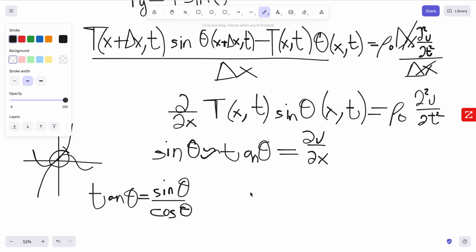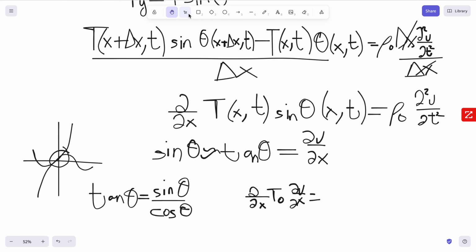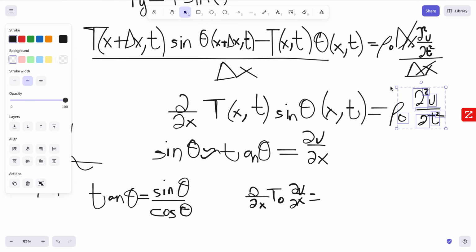And so you can rewrite this equation now as partial over partial x of, call it T naught, because we'll assume that the tensile force throughout the string is more or less constant, times partial u over partial x equals this rho naught partial squared u over partial t squared.